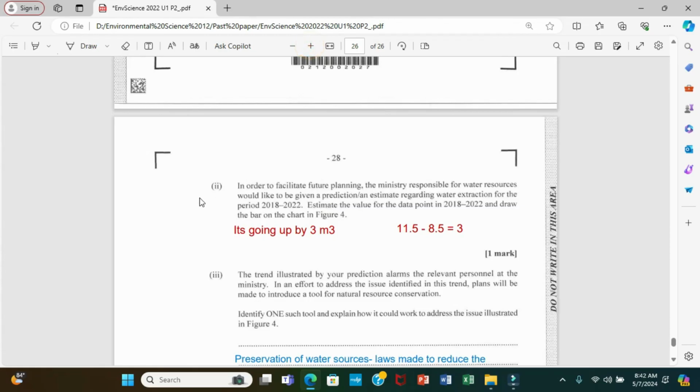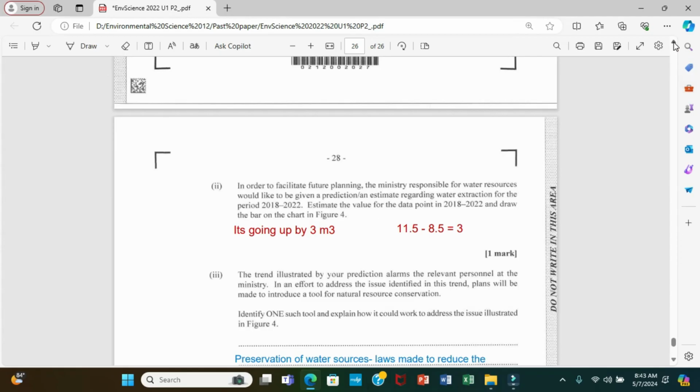It says, in order to facilitate future planning, the minister responsible for water resources would like to be given a prediction and estimate regarding water extraction for the period 2018 to 2022. Estimate the value for the data point in 2018 to 2022 and draw the bar on the chart in figure 4.